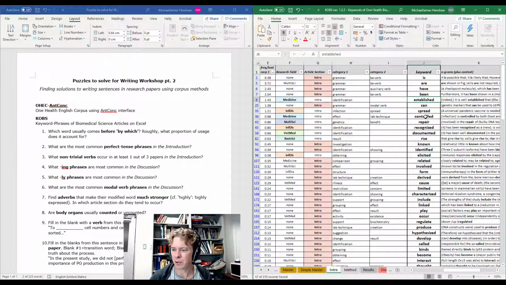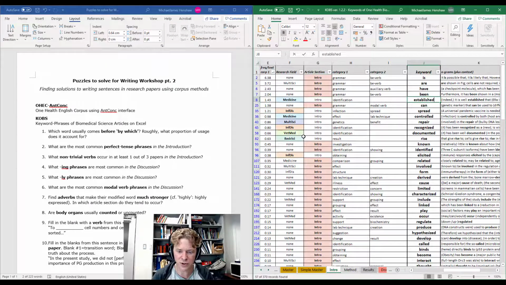Next one is "established." However, as I said, since the medicine tab is colored, this data frequency per text means that the word "established" occurs in medical articles about 1.4 times. We don't have data for the intro, but I can just tell you that for the secondary correlated corpus, it's usually quite a bit lower.